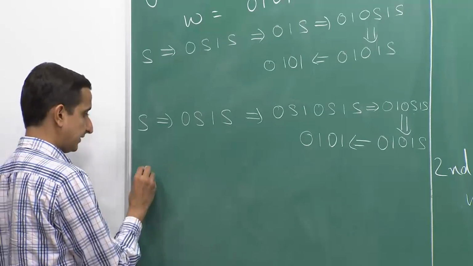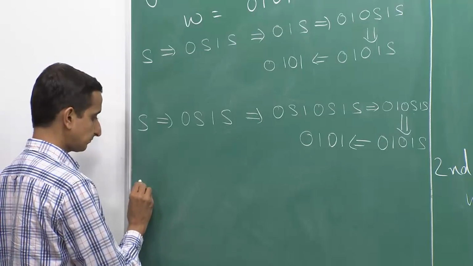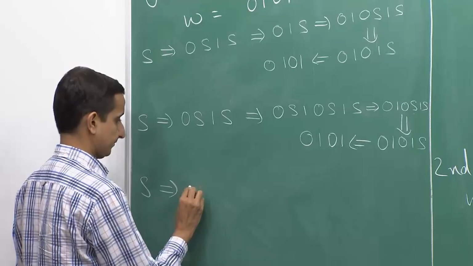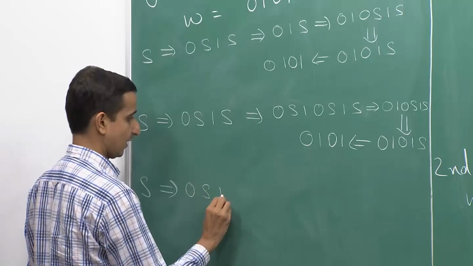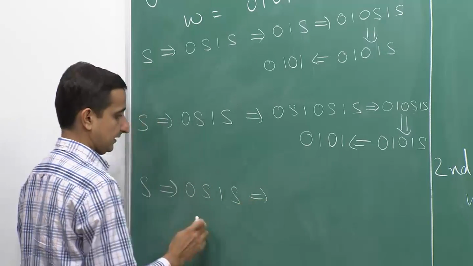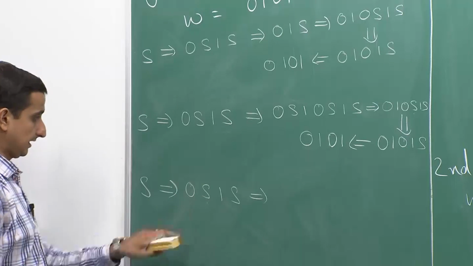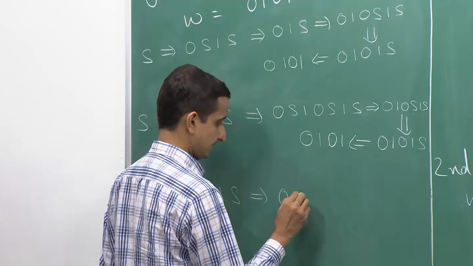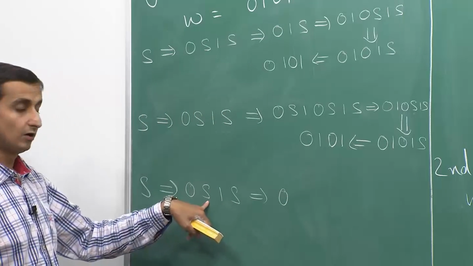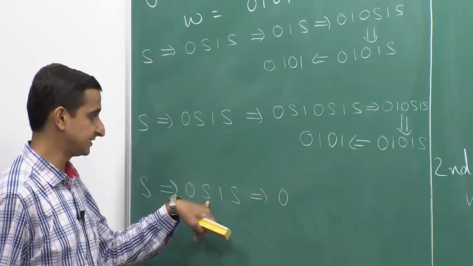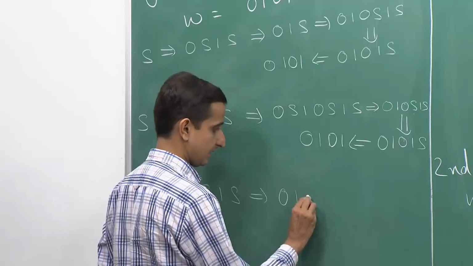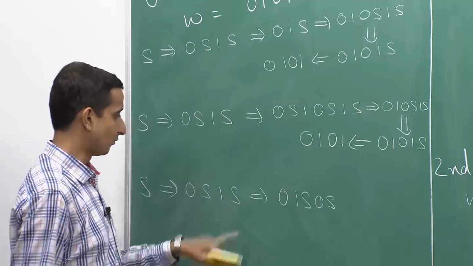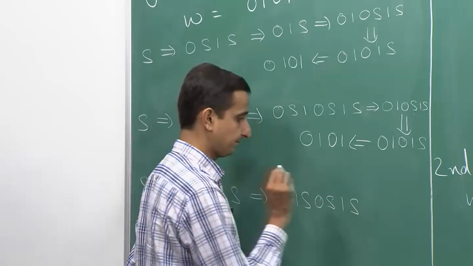I can have a third derivation, where I replace S with 0S1S. Then I replace this first S with the rule again, 0S1S, so I have 0S1S1S.